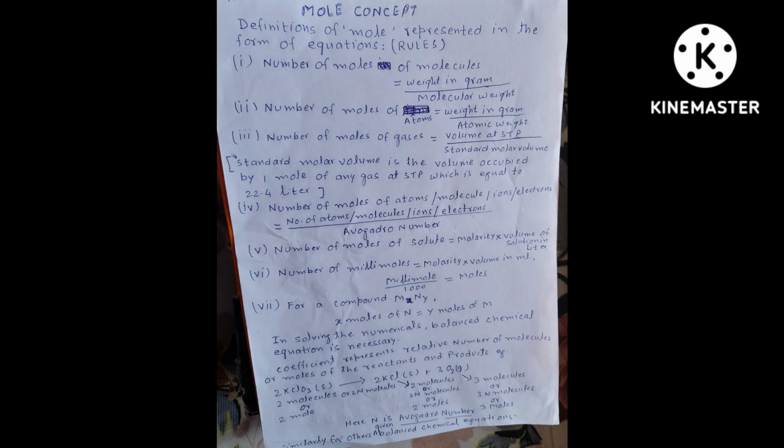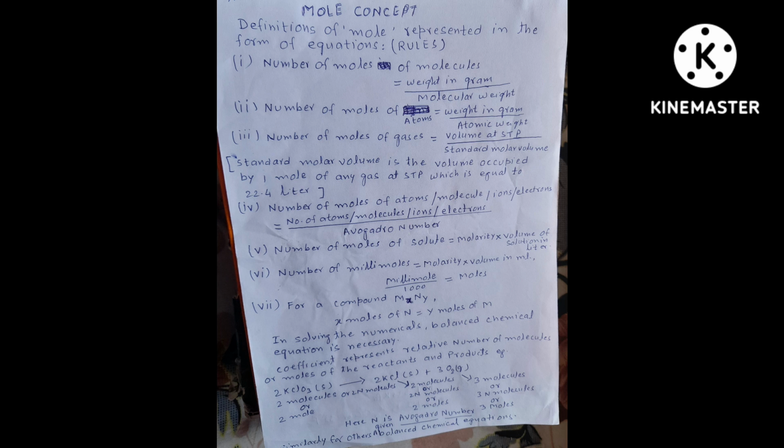This is the balanced equation: 2KClO3 gives, with an arrow sign, 2KCl plus 3O2. You are taking 2KClO3 and you are getting 2KCl and 3O2.